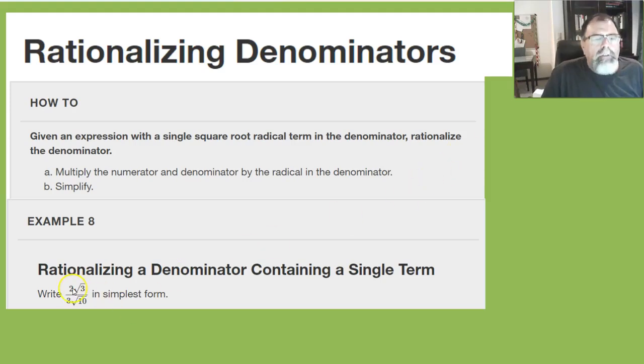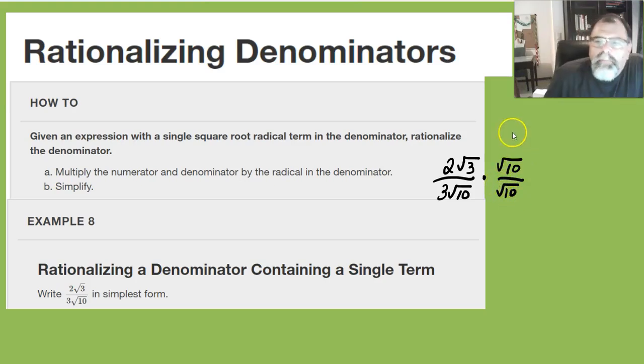If we have 2 square root of 3 over 3 square root of 10, notice we're going to multiply both the numerator and the denominator by whatever the radical term is in the denominator. So we're going to multiply by square root of 10 over square root of 10.